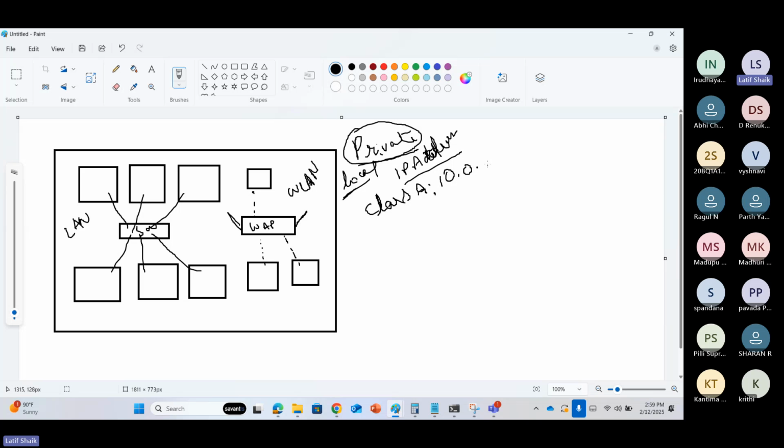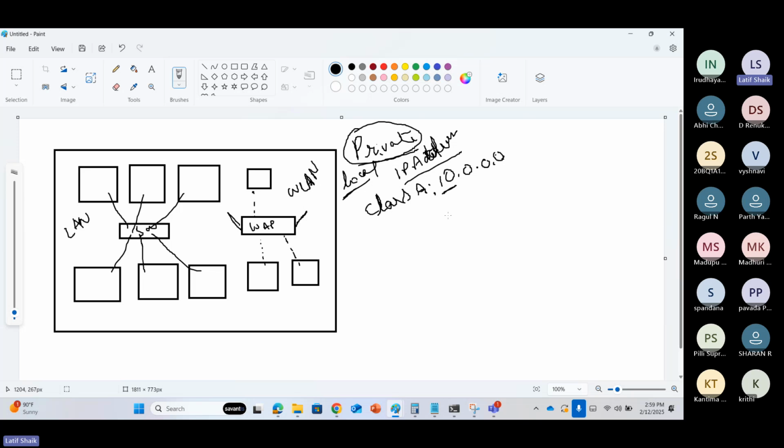From class A, they're giving only one single network, that is called the 10 series. Class A is one single network where you can connect a huge number of devices, more than 16 million.